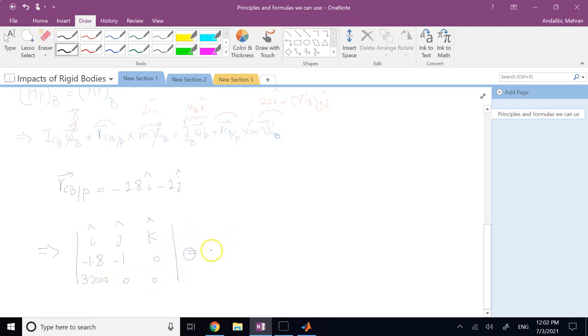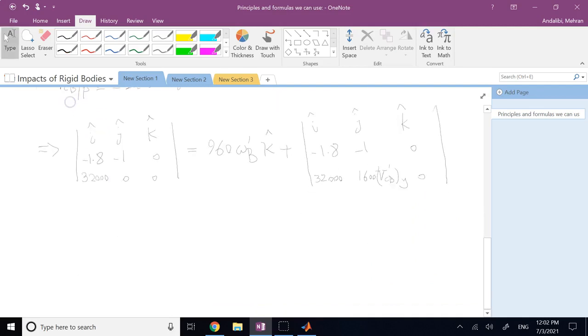This is equal to 9600 times omega prime B in the K direction, and then plus another determinant where again you have the same R vector, and here this 1600 is multiplied by that, so the 32,000 is the same. Here you have 1600 times V prime of CB along the Y direction and 0.